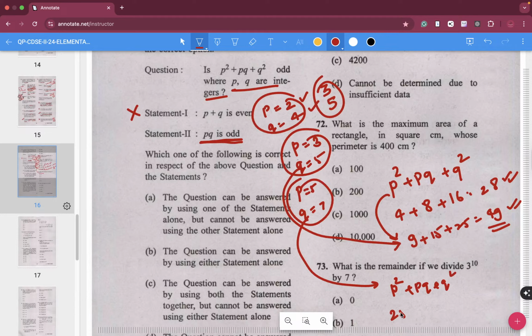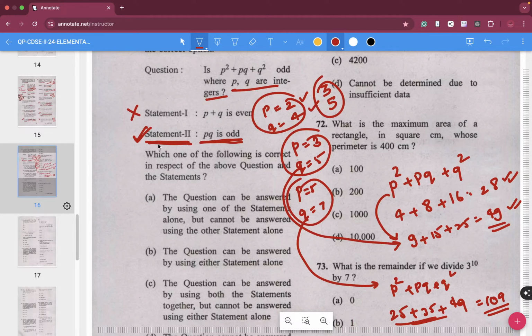P square is 25, pq is 35, q square is 49. 60 plus 49 is 109. So from this statement we are able to answer the question.